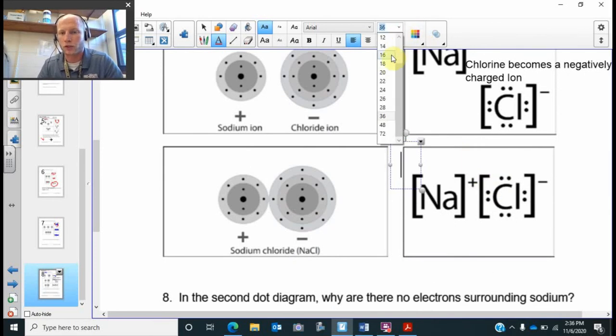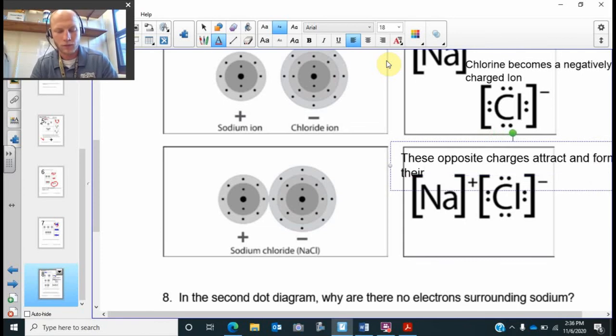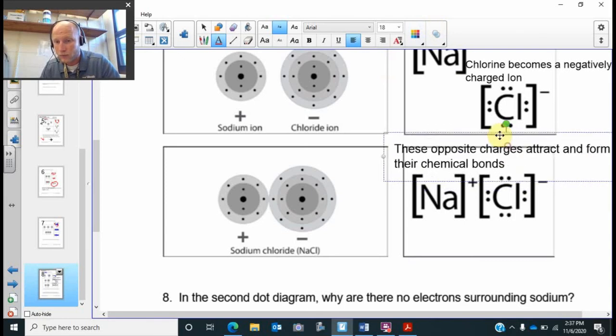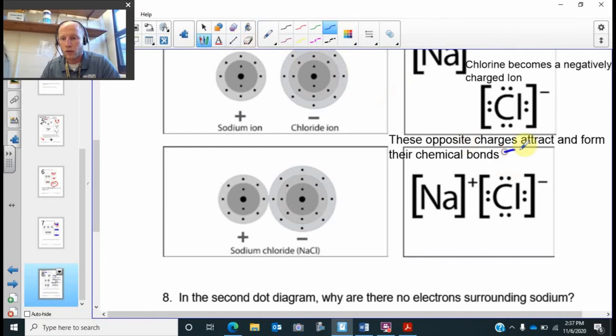These opposite charges now attract and bring them together and form their chemical bonds. Okay, and so that's what's going on right here.